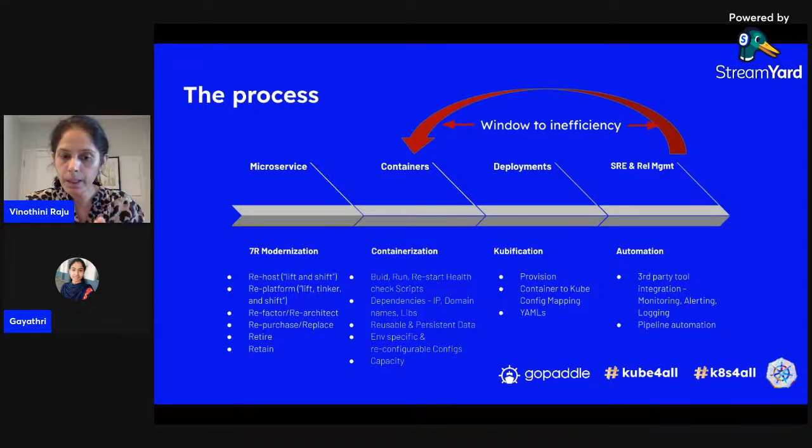Next comes the reusable and persistent data. Here you have to look at the configurations or the data that you store as an application. Now, if you are not using databases but you still persist some information within your container, and you want to reuse it across restarts, the best approach would be to keep it as a volume.